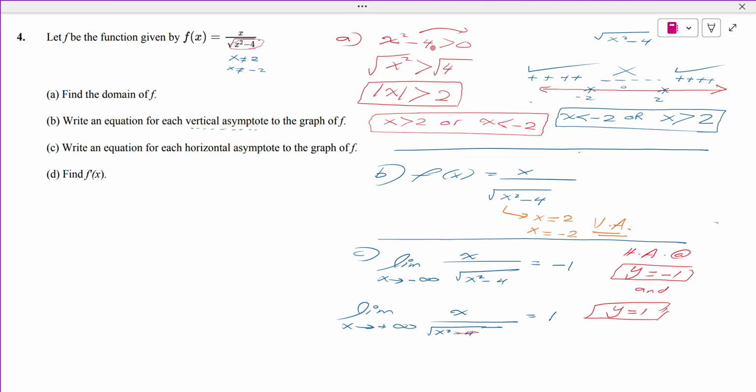That leaves you with square root of x squared, and the square root of x squared is absolute value of x, and the absolute value of x is the same as x when x goes to infinity, and the absolute value of x will be minus x when x approaches negative infinity. That's why the first one is negative 1 and the second one is equal to 1. However, the answers are negative 1 and 1 here.